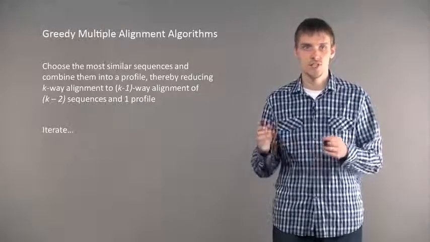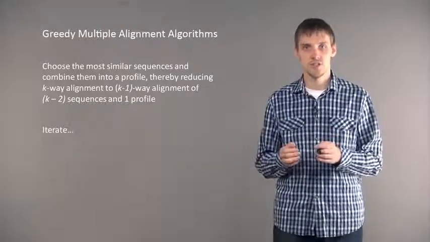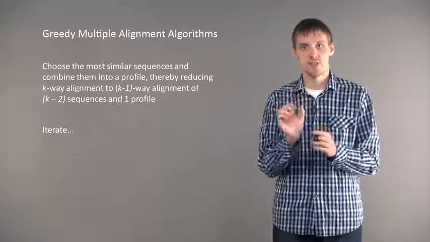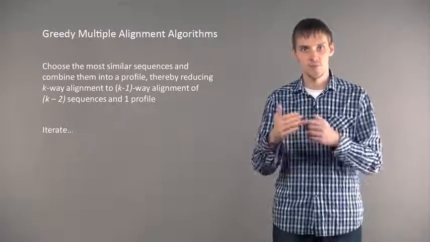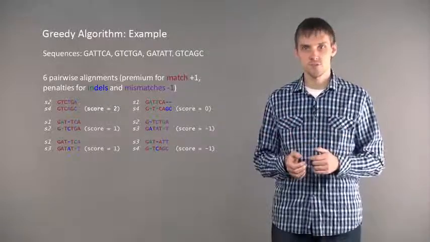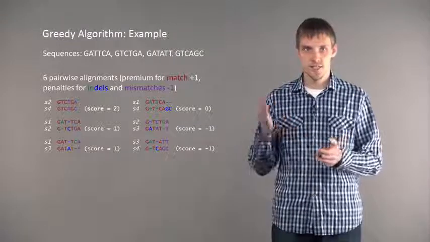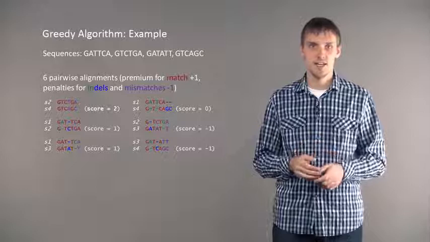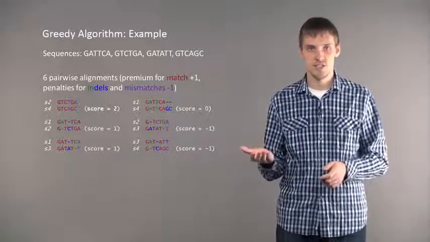And we will iterate. On each iteration, we will reduce the number of sequences and profiles to align with each other by 1. For example, let's take these 4 sequences: GATTCA, GTCTGA, GATATT, and GTCAGC.